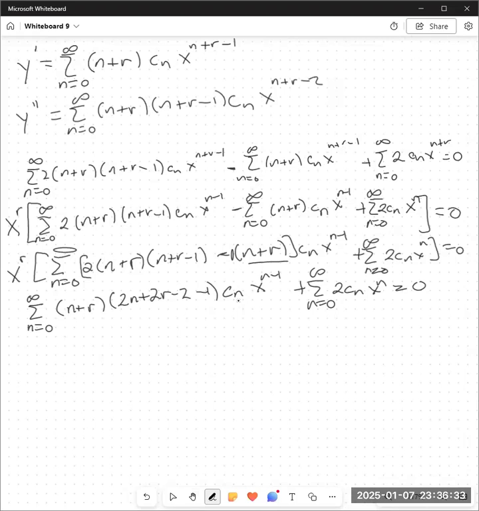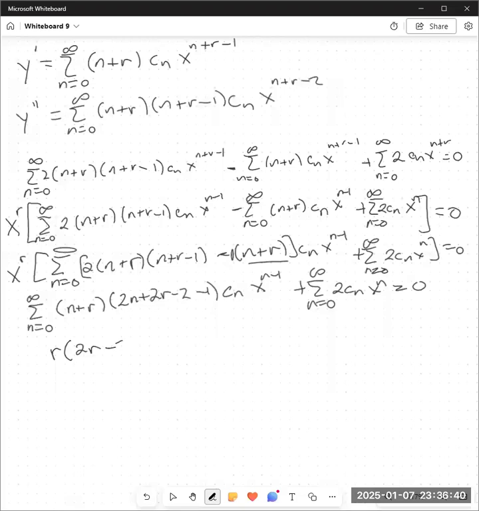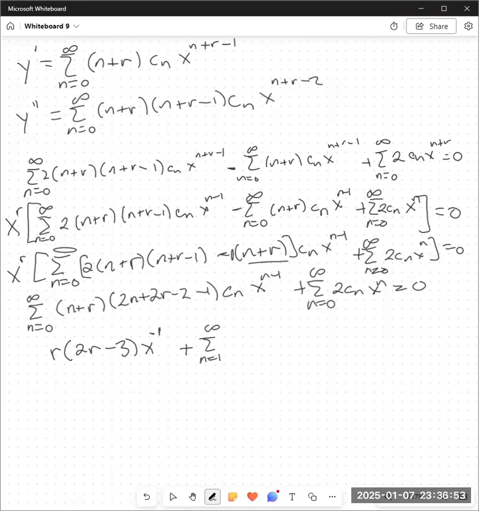So that is going to be, when n is 0, we have r times 2r minus 3, x to the negative 1, plus the sum from n equals 1 to infinity of n plus r times 2n plus 2r minus 3, Cn x to the n minus 1, and that is plus the sum from n equals 0 to infinity of 2 Cn x to the n, and that is equal to 0.